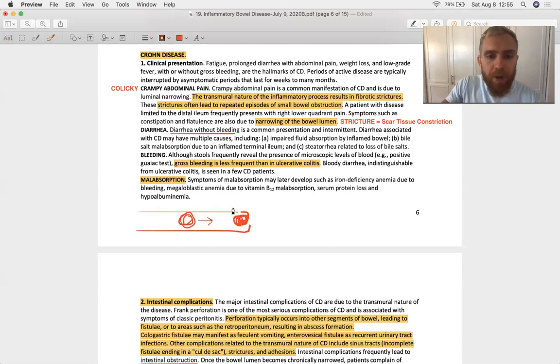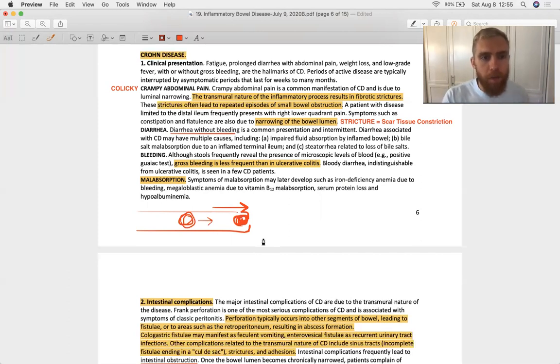And so when you're pushing against that obstruction, that's what generates the colicky pain, because you can't pass this thing through, and all the nerves in the area are just enraged because they're stretched for a long time. And then that irritation signals to your brain, hey, there's something going on here.